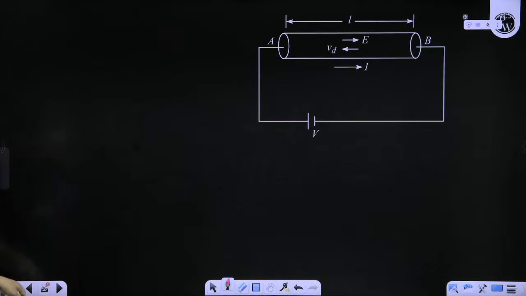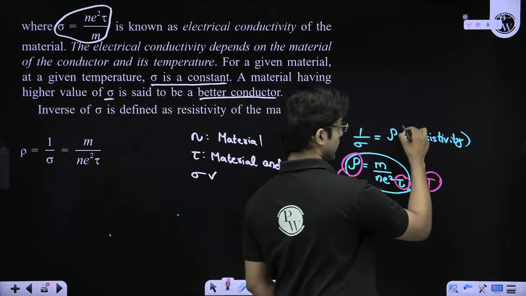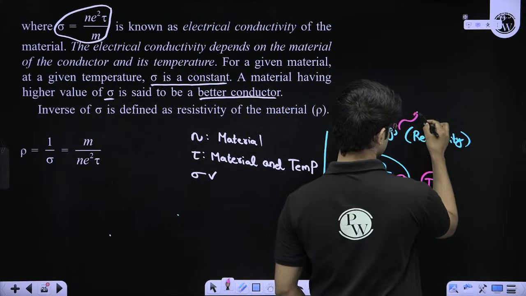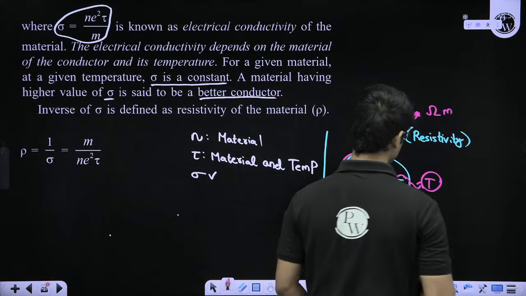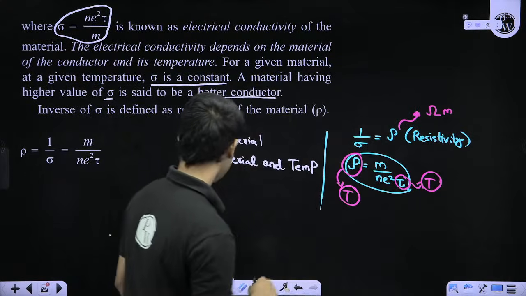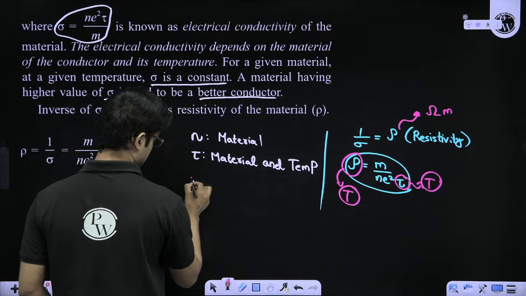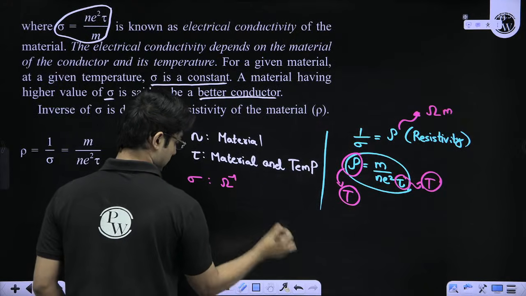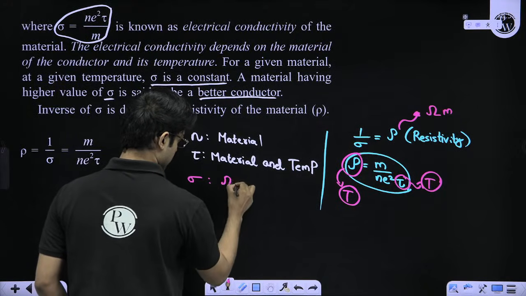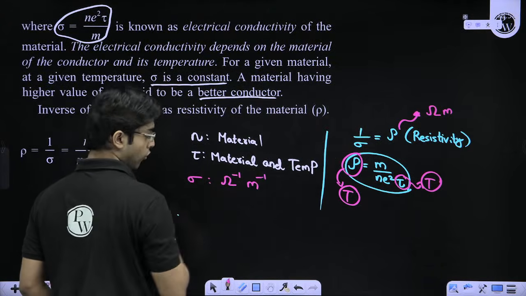About the units also, just keep it in mind, guys. Rho's unit, as you remember from resistance, is ohm meter, right? So sigma's unit will be ohm inverse meter inverse. Just take the reciprocal of ohm meter.